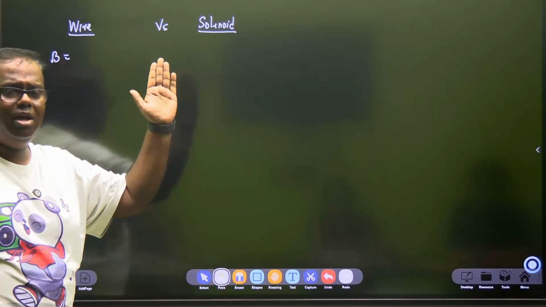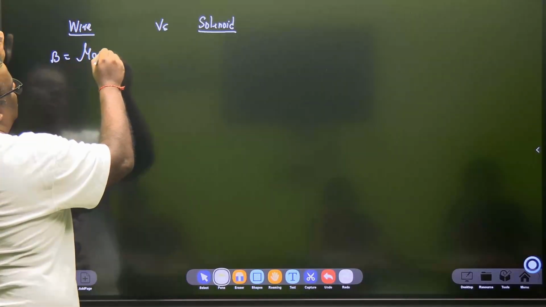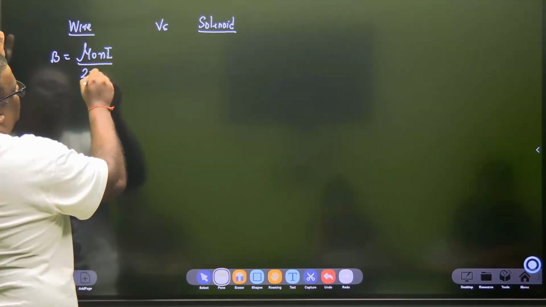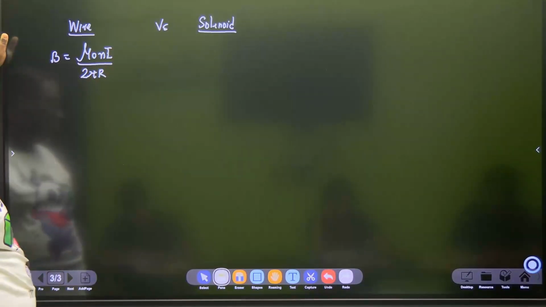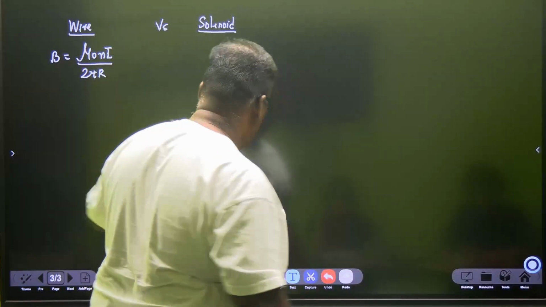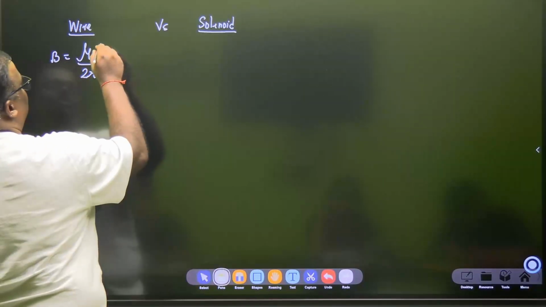B into 2 pi R. And on the other side, what did we get? We got mu naught I divided by 2 pi R. I is for a single wire. Why would I put n? n comes only when you have a solenoid. This is mu naught I.